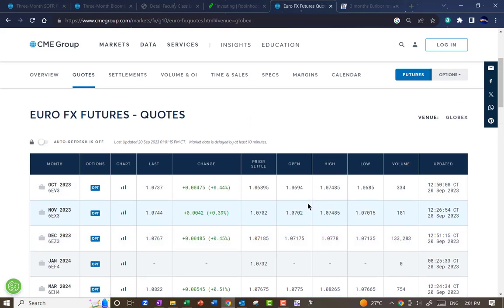What do you think I need to do? My natural position is 1 million euro long. Okay. Obviously, this contract goes up in value if euro gains in value, because all CME futures that involve US dollar are value of one foreign currency in US dollars.